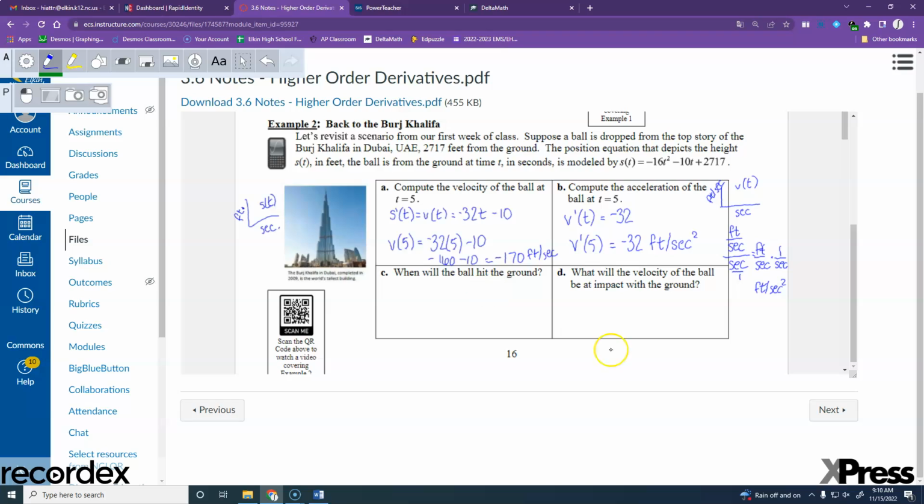All right, when will the ball hit the ground? So, what would we do? We would want to know, this is our position, which is our height, right? It's going to hit the ground whenever height is 0. So we can say 0 equals negative 16t squared minus 10t plus 2717.